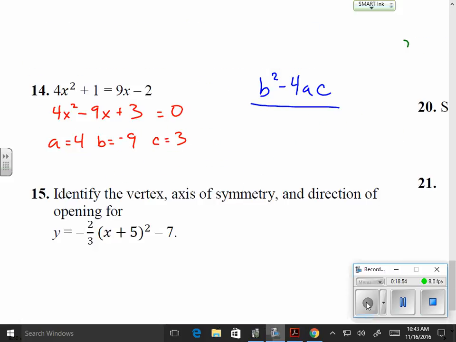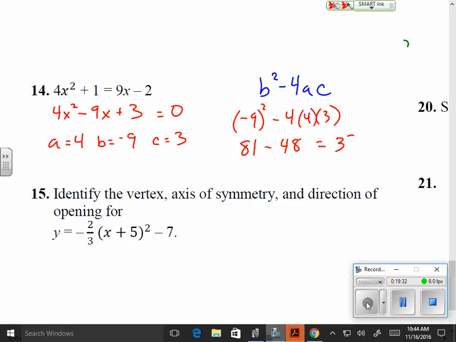That's my discriminant. Now, number 14, same thing. I need to set it equal to 0, and then identify a, b, and c, and plug them into my discriminant formula, and I get negative 9 squared minus 4 times 4 times 3, which is 81 minus, that's 12 times 4 is 48, which is 81 minus 48, which is 33.